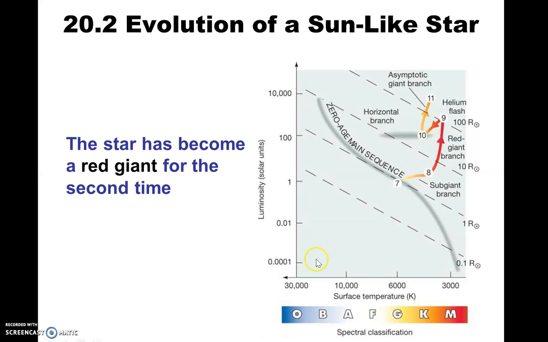If you see something over here, that means high temperature, because this is higher temperature on the x-axis, so going to the left, that's higher temperature. But notice the luminosity is incredibly low. So this region right here is what are called white dwarfs. So eventually, these red giants will go down, down, down, and become white dwarfs. And we're going to talk about how that happens.